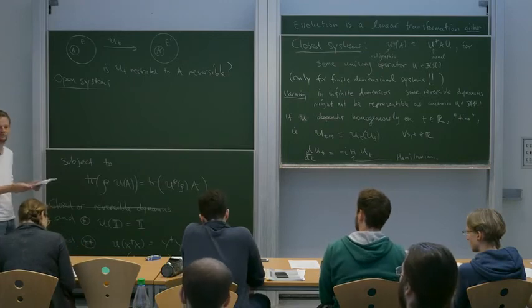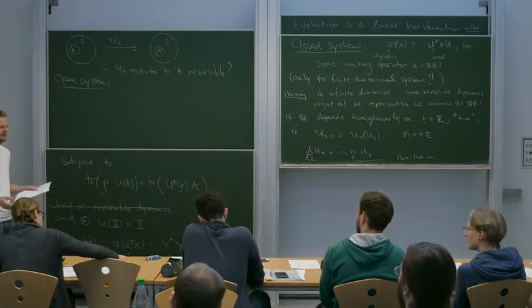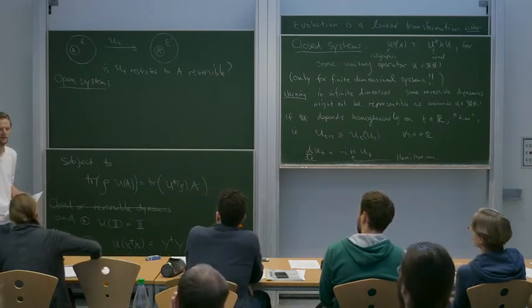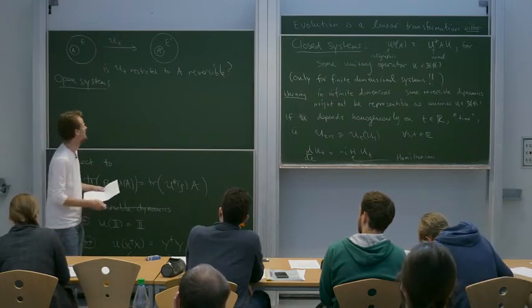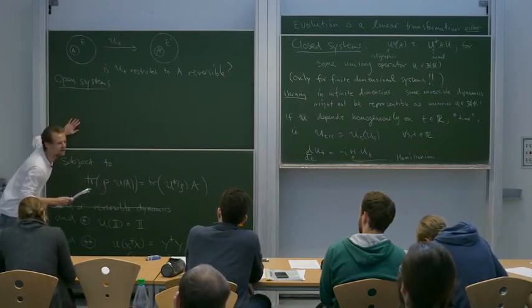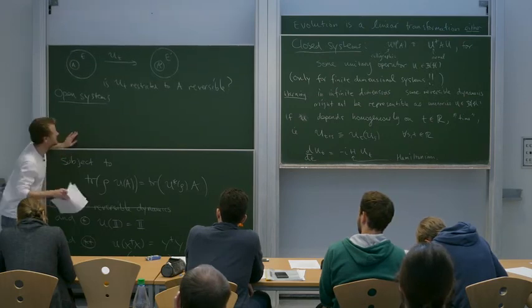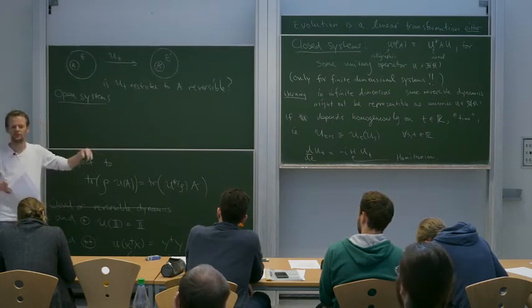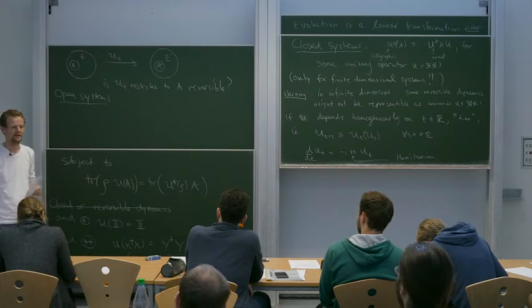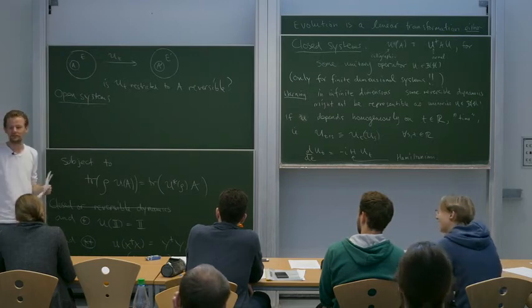And it used to be that open systems were like, oh, these messy things that we don't want to have to model as theorists. We like to make everything spherical and cow-like. And then open systems is just this annoying detail that we'll leave to a PhD student. It's not the case anymore.